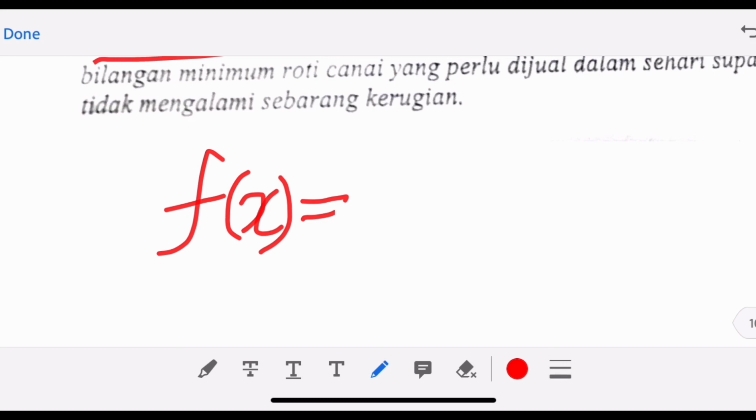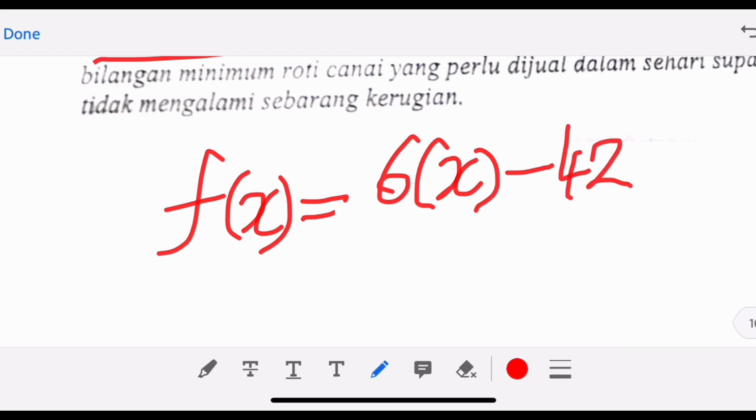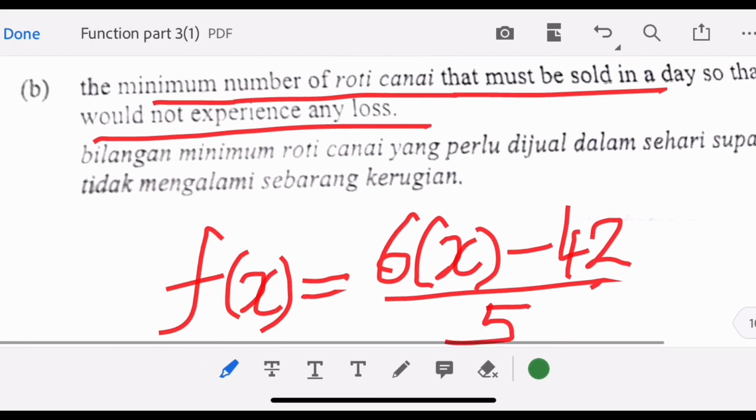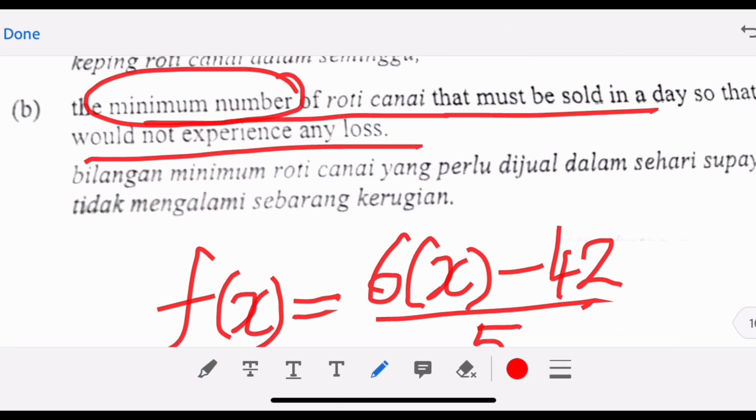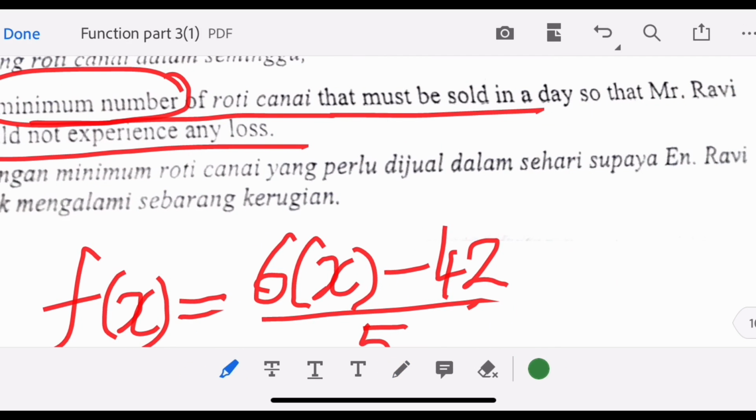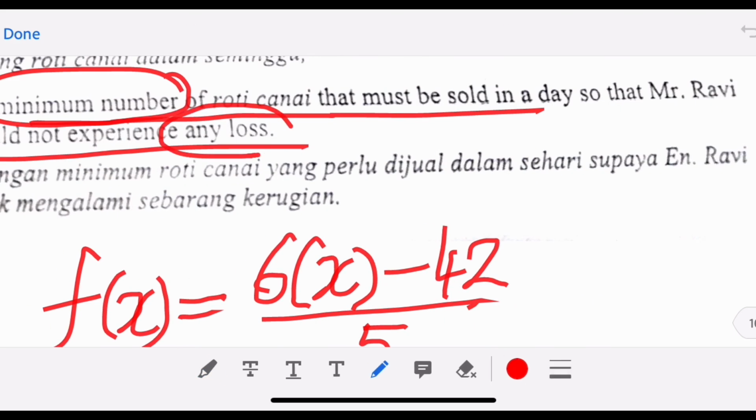Many students don't want to do this, I don't know why. I think you feel you don't understand the question because there is the word minimum, right? When you want to make a profit, you must at least earn a few cents, right?